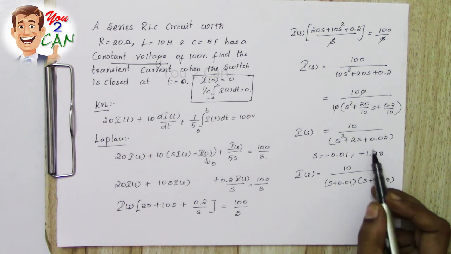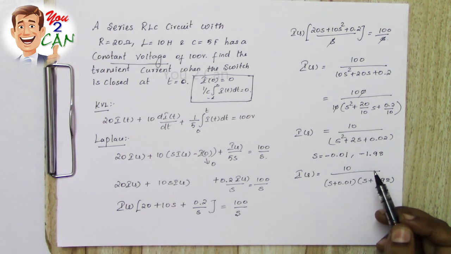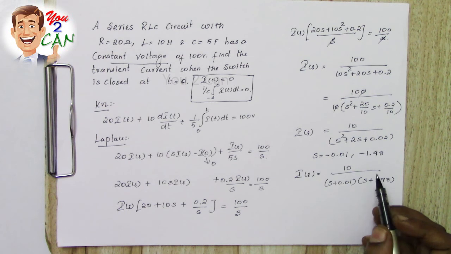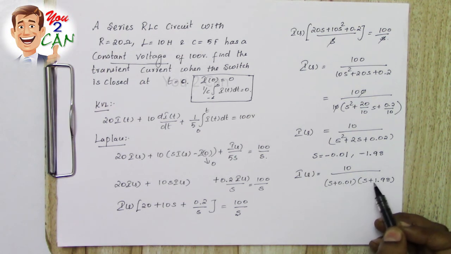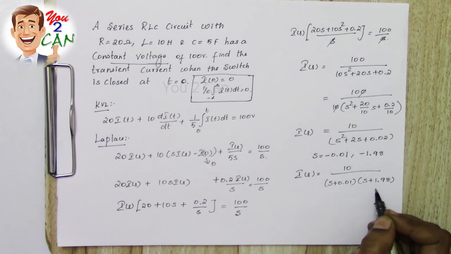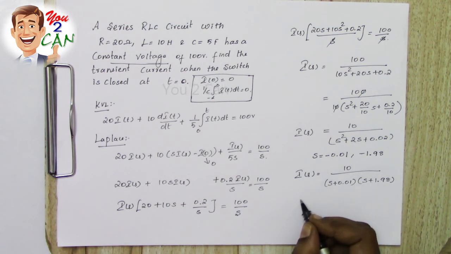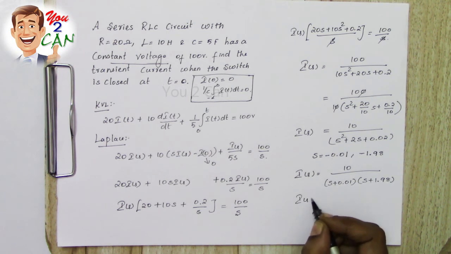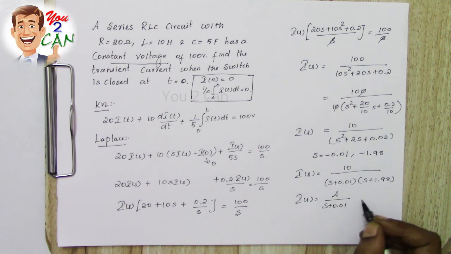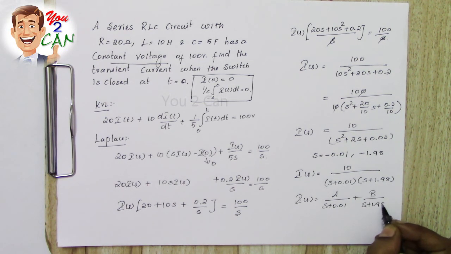So we can find the roots of the equation by using the calculator in the equation mode. We get the two roots, and they are distinct roots, so we can proceed. If we have different roots, the partial fraction is I(s) equal to A by s plus 0.01 plus B by s plus 1.98.